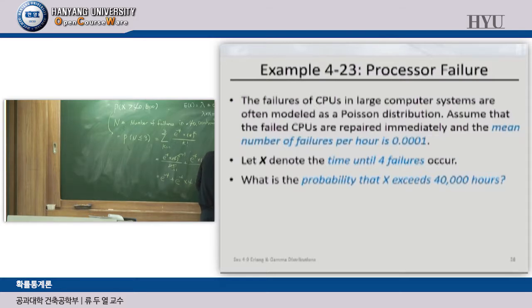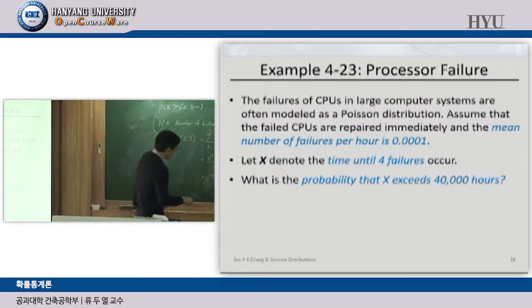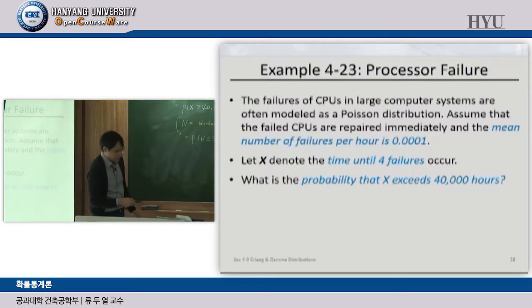This is 3 times 2 times 1, so 2 can be eliminated by dividing 64, and 32 is left. So e to the minus 4 times 32 over 3. If you calculate this equation, the answer is 0.433. That is the answer for this question.